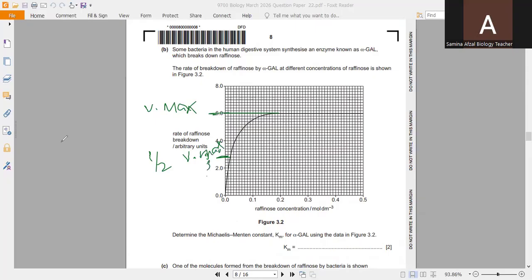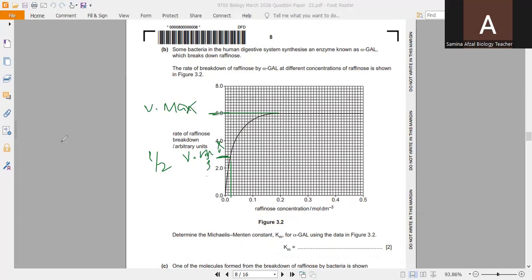So now if we want to find the Michaelis-Menten constant, then we have to go in this way, in the downward direction. Let me do it again. It will be in this way, and from here we will move in the downward direction.